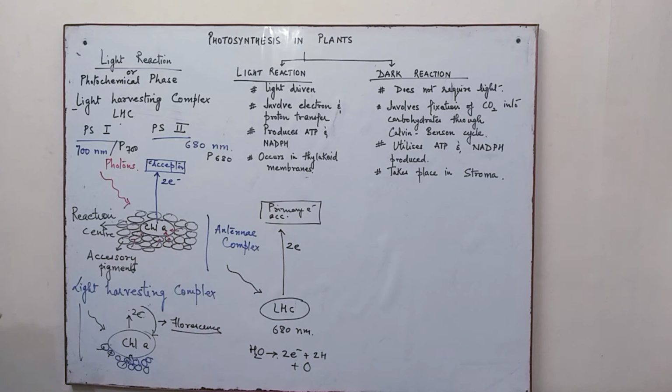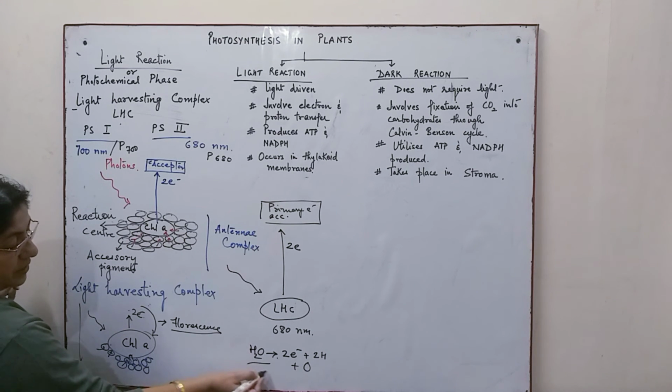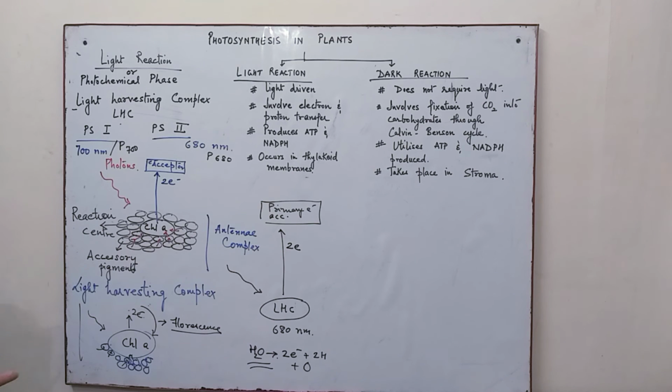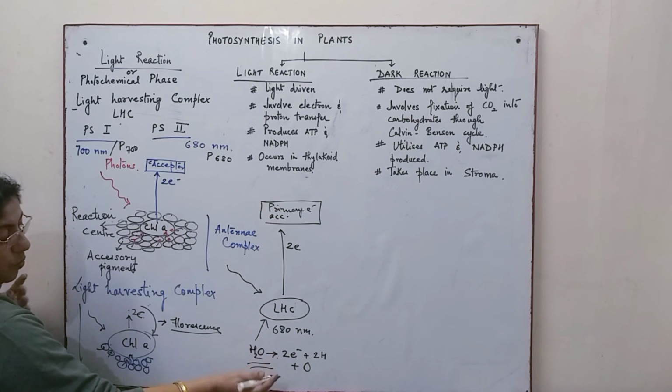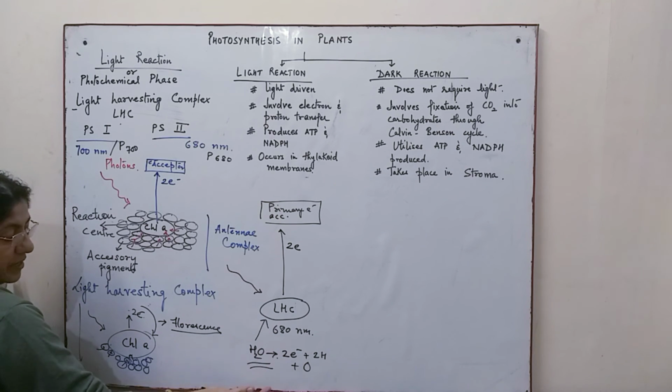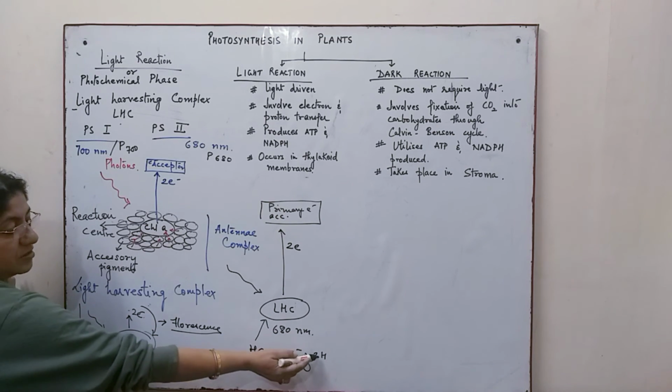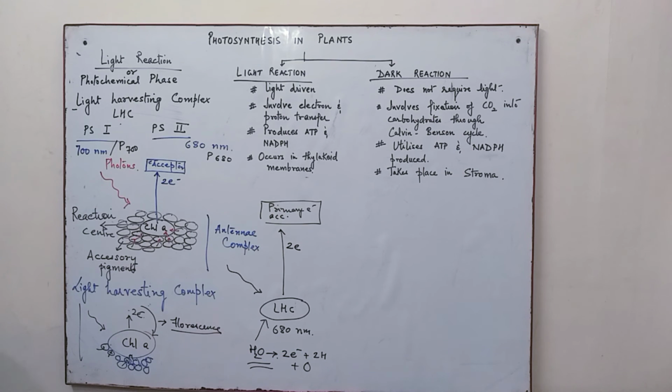This hydrolysis or photolysis of water takes place due to the light, and the water molecules on breaking produce electrons, hydrogen and oxygen. This oxygen is one of the products of photosynthesis and is released from the water.